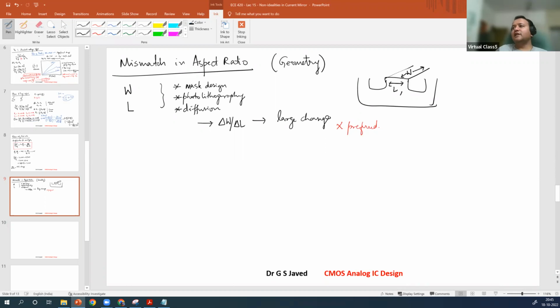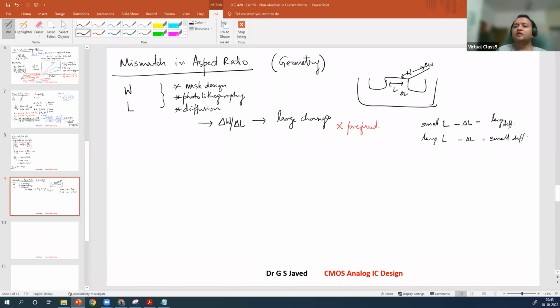So if there is a delta L and delta W coming here, if you have small l minus a delta L, you will have a large difference. But if you have a large L and the same delta L, you'll have a small difference.